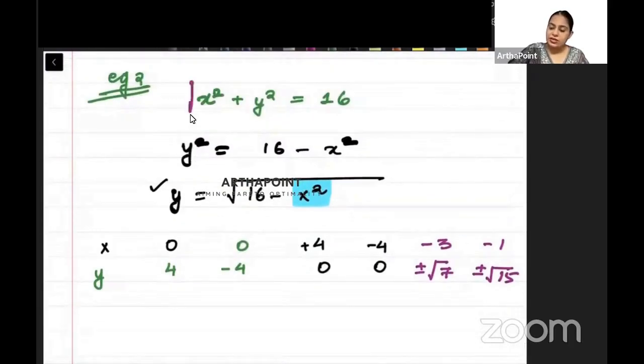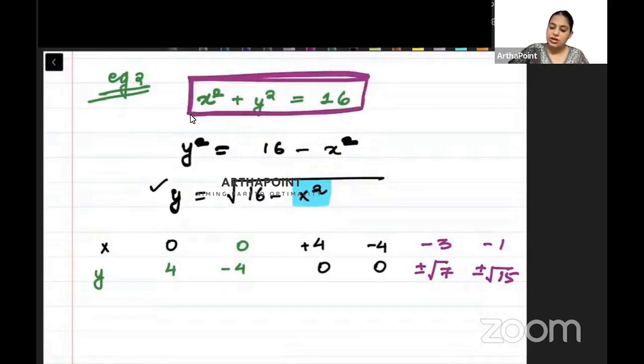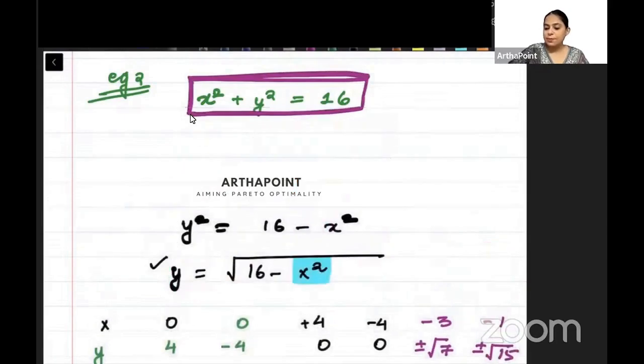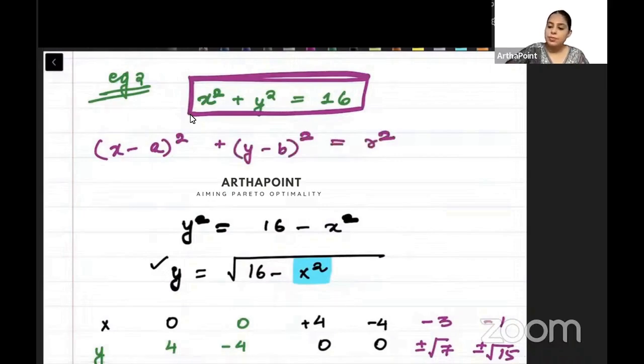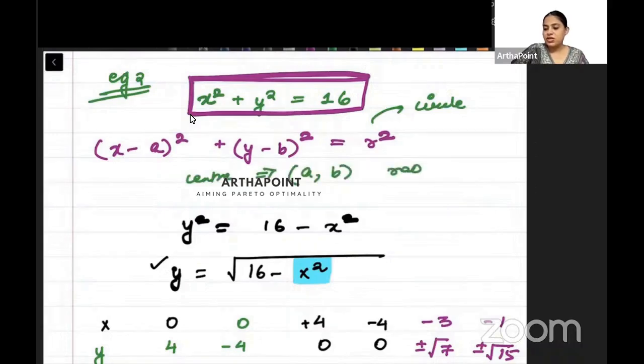Here is a hint. Whenever you see this kind of equation, जब भी ये equation दिखेगा, इसको हम इस equation से compare करेंगे. X minus a whole square plus y minus b whole square is equal to r square. बेटा this is the equation of a circle, the center of the circle is a comma b and the radius of the circle is r.